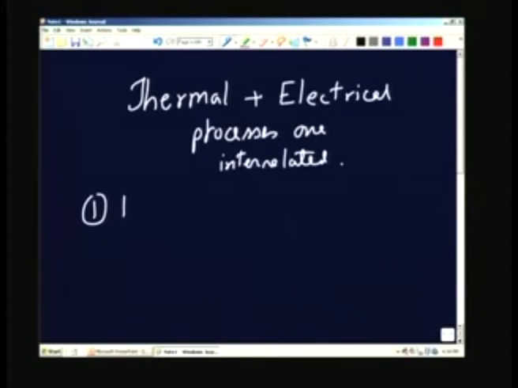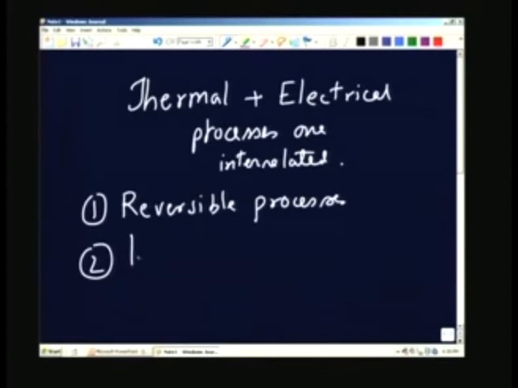One, we will call them reversible processes. The term reversible is being used in the thermodynamic sense, and there could be irreversible processes. So, I am just going to label them first. I am going to discuss what these different processes are and then look at the details.